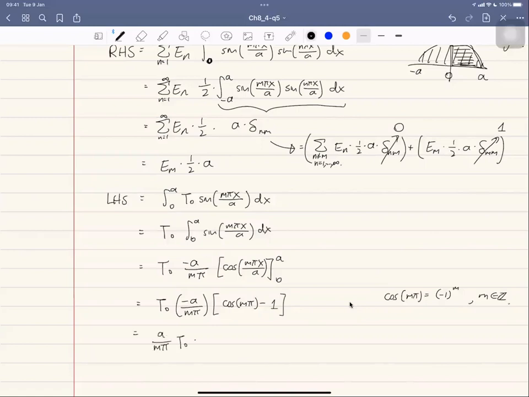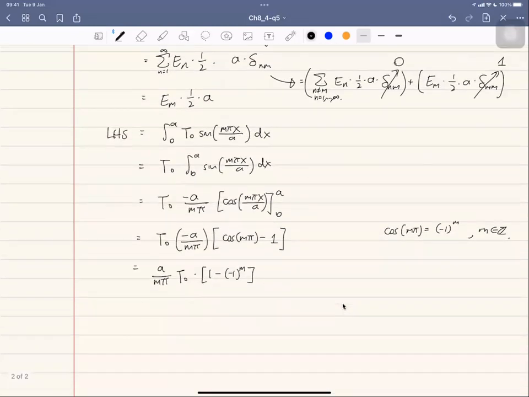T naught. So I have 1 minus this. Now I just need to combine the left-hand side and the right-hand side together, and I find my EM. So I have EM equals, well, times this. So therefore, let's write that. It's A over M pi T naught, times 1 minus this.